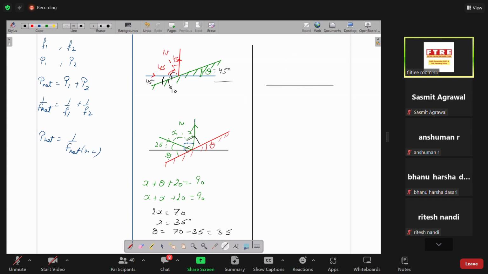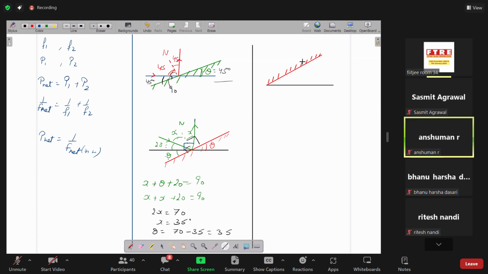Say this is my horizontal and my plane mirror is inclined like this. Let's try this way also. One way we have inclined it like this, the other way can be like this also. 35 is not given in the options, so we can try it in the second way then.